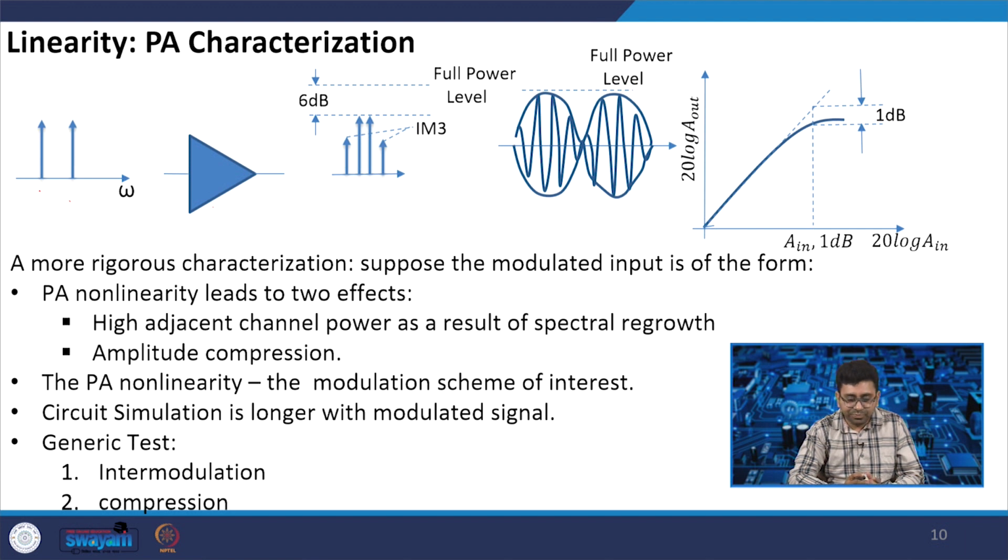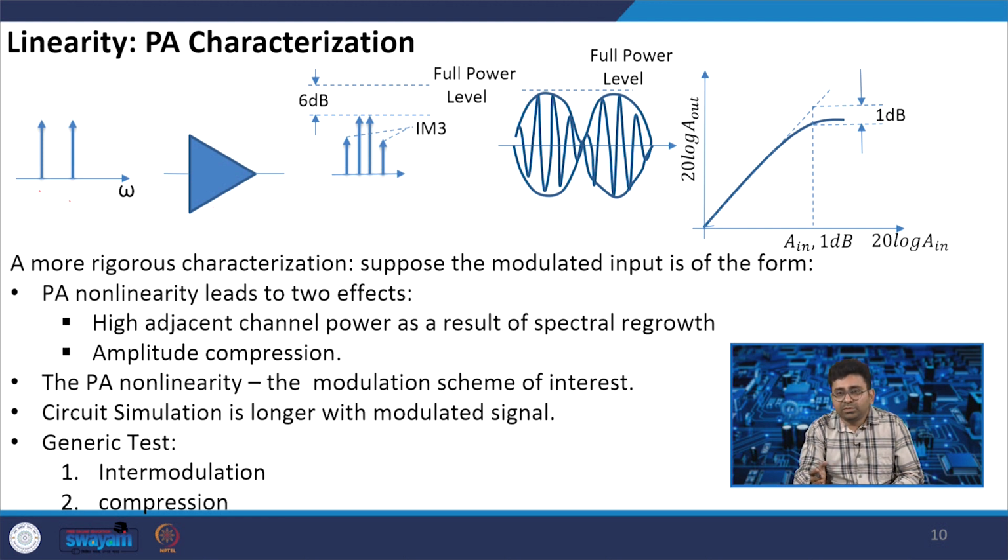Now, when we do the two tone analysis, we should ensure that the output power level is 6 dB down, because when we are taking a differential output, its swing is going to experience a 6 dB higher level. In a power amplifier, we should not use the amplifier at the 1 dB compression point.